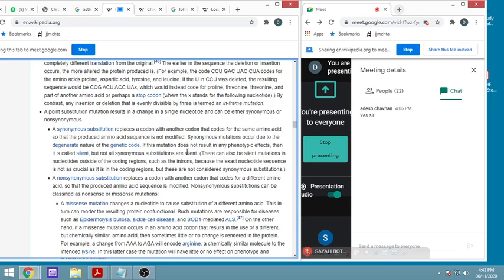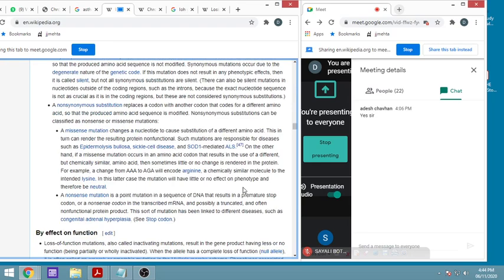The other ones are the non-synonymous. The codon is replaced with another codon that codes for a different amino acid, and because of that the produced amino acid sequence is modified. This non-synonymous substitution can be classified as nonsense or missense mutations. Missense means the change in the nucleotide causes substitution of a different amino acid, and it can make the resulting protein non-functional or change its function.